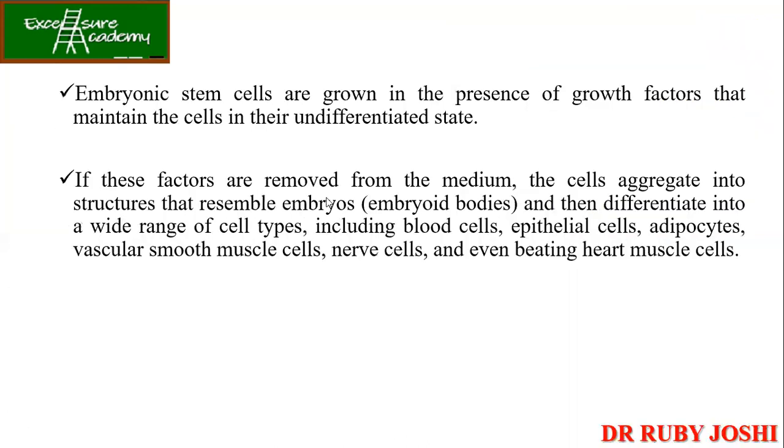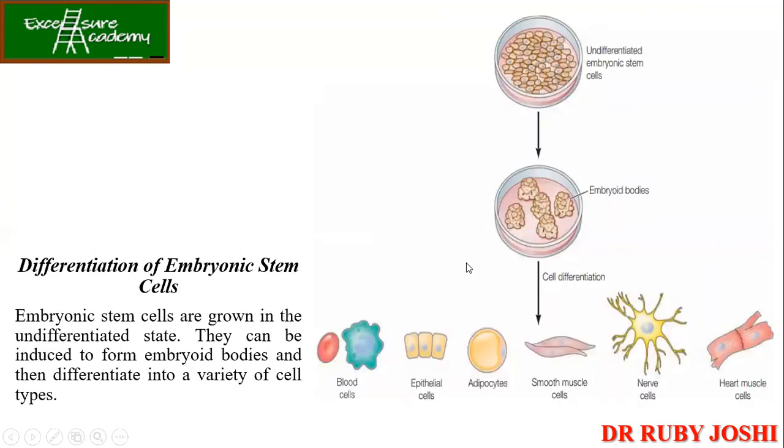The same thing we have discussed: later you can differentiate them into different types of blood cells, epithelial cells. All this depends on what kind of transcription factors and growth factors you give. The undifferentiated embryonic stem cells are there, then you give them transcription factors and growth factors so that they get an idea of which path to take.